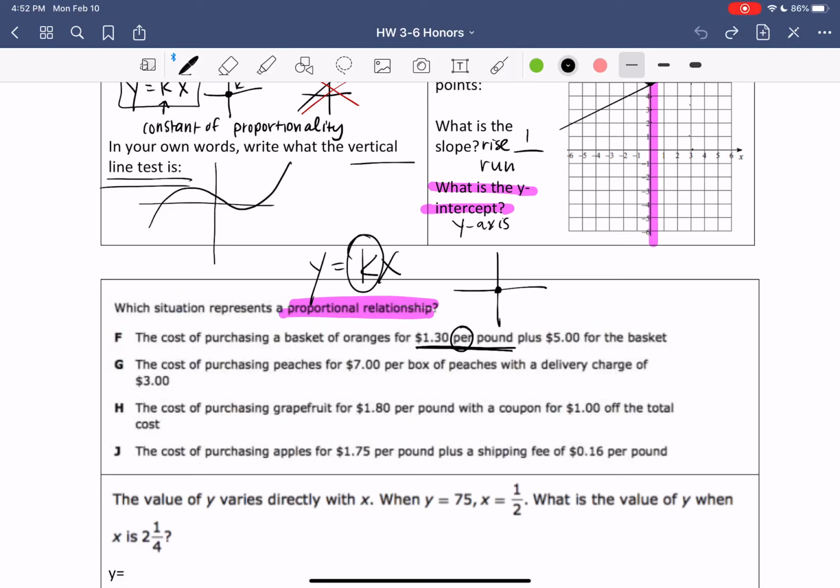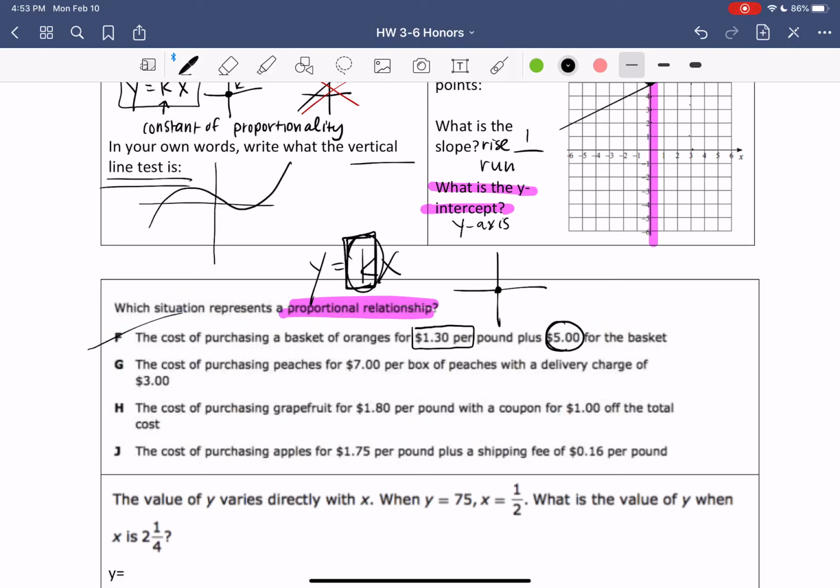If we remember from the beginning, we always boxed our variables and circled our constants. So that's going to have a constant and a variable, whereas this one only has a variable. So that is not correct.